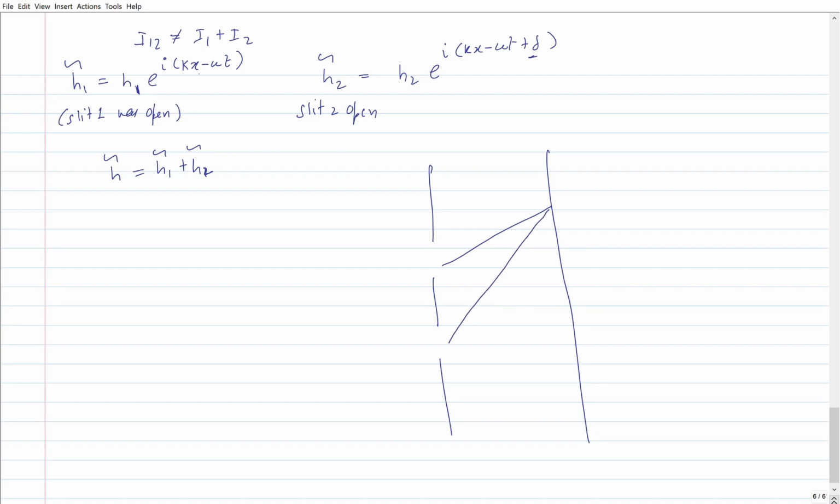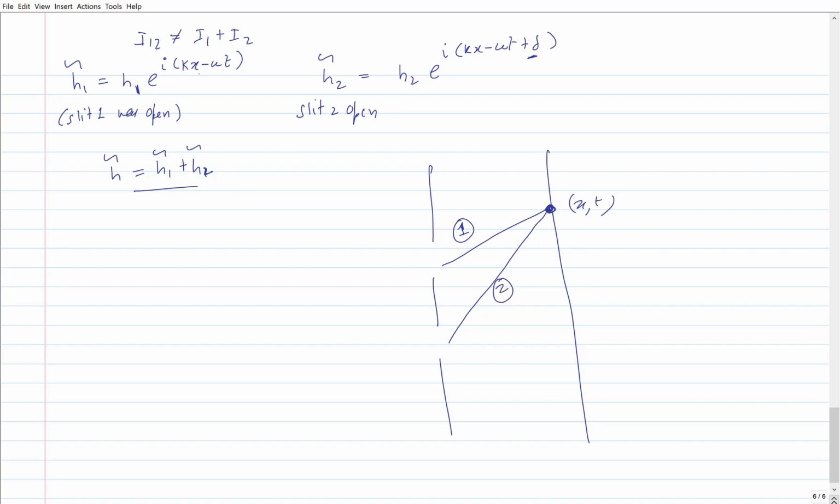I have the usual path length. I am hitting at a particular x on the screen, and this is the phase shift, the relative phase of wave 1 with I1 compared to the second wave.